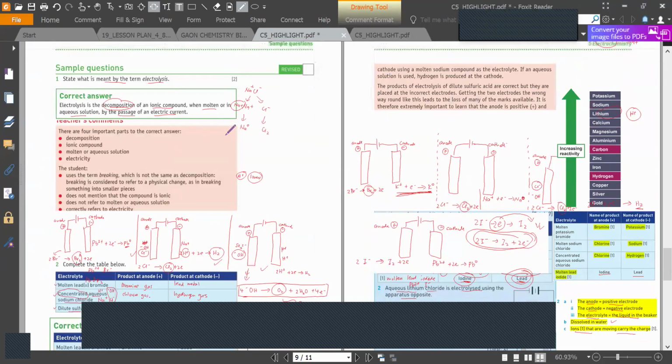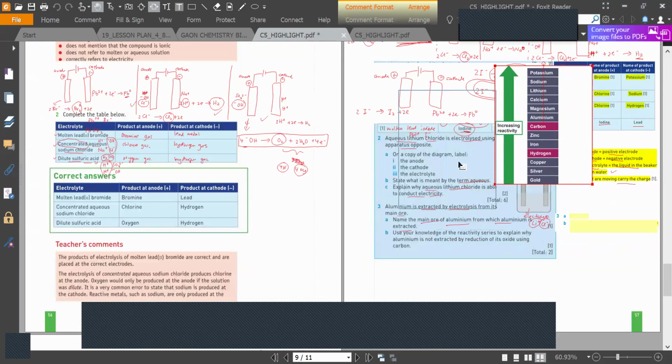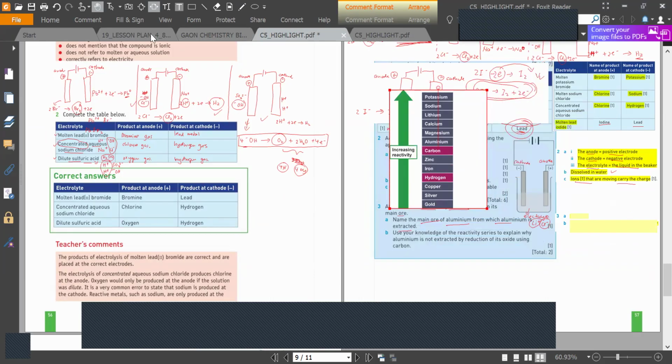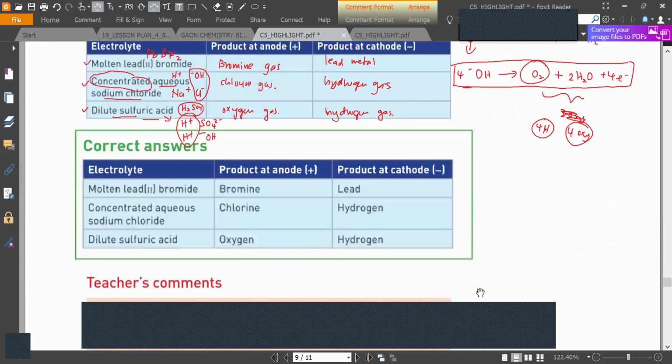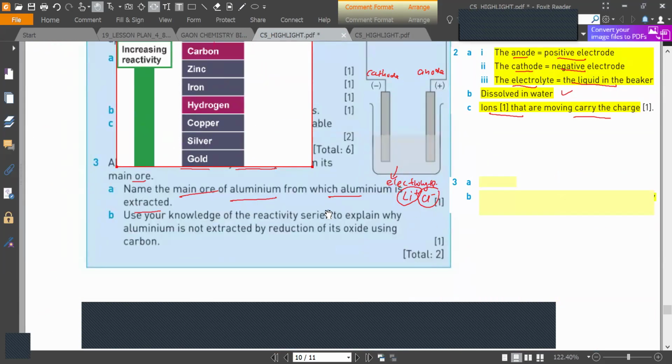So we need the reactivity series to answer this question. Name the ore.